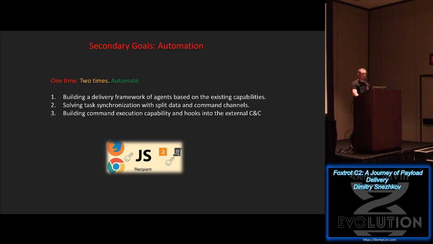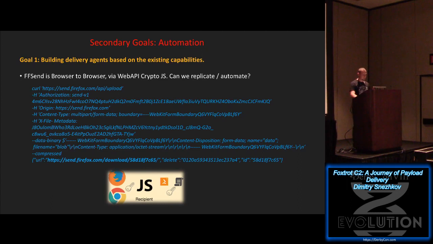Well, we can build the delivery framework on it. We can have a lot more challenges dealing with task synchronization, so we have to address that. And then finally, maybe, we can build a command and control base. So we started decoupling what that service does. What are the web APIs that are so standard, and what can we do with them?